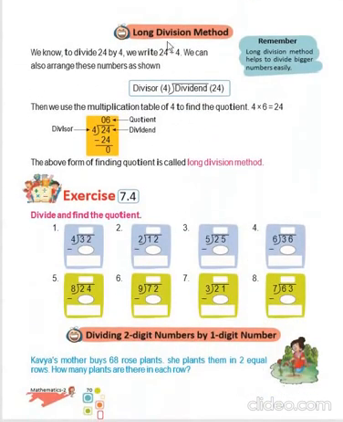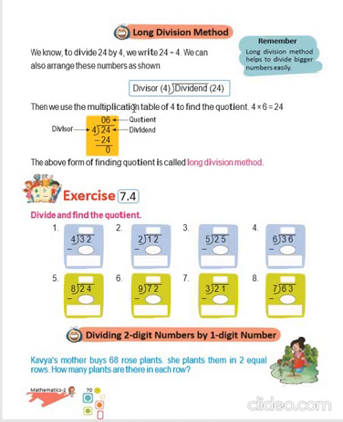Now let's learn the long division method. Suppose we have to divide 24 by 6. So 24 divided by 6. Then 6, 24. This is called the long division method.